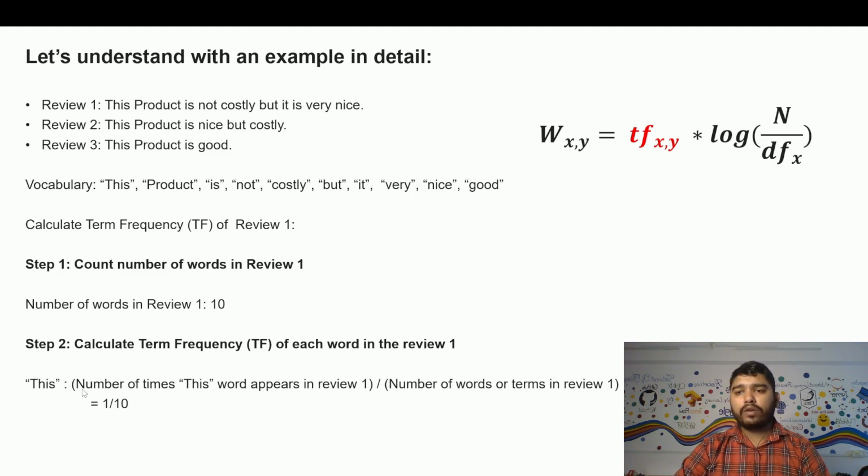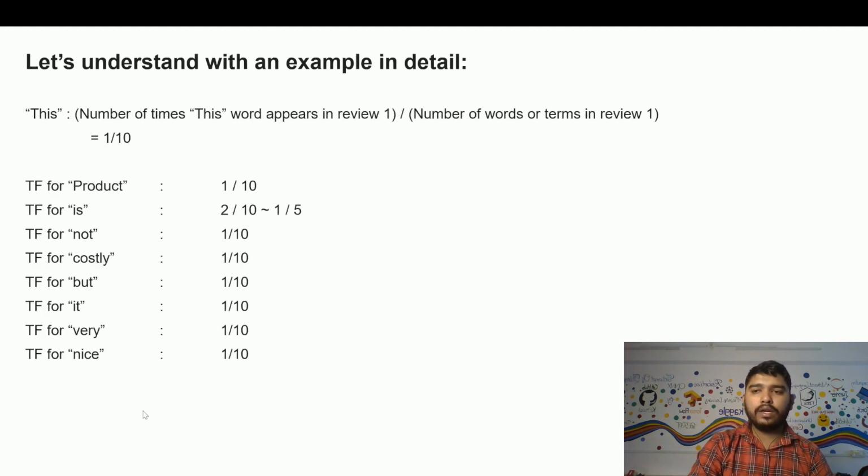First, we find the number of times this word appears in review 1. It appears only one time in the entire sentence, and the number of terms in review 1 is 10, so 1 by 10. So the term frequency of "this" in review 1 is 1 by 10.